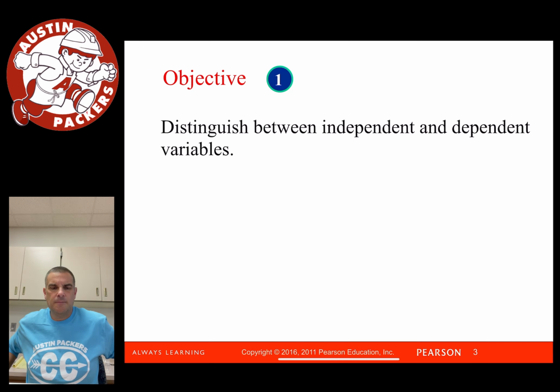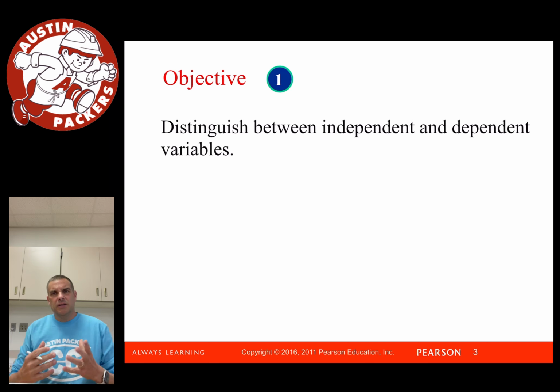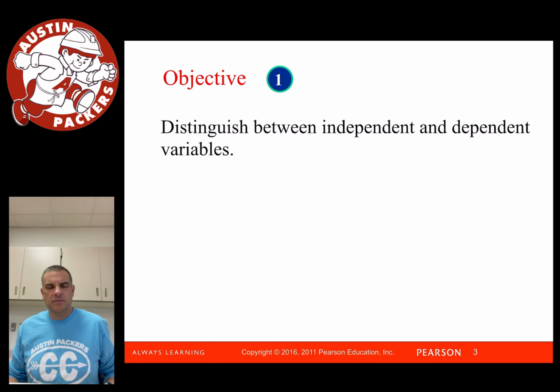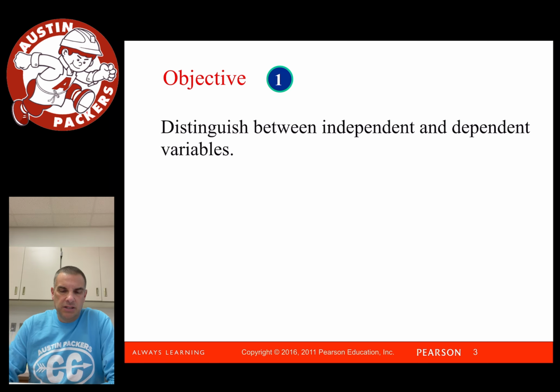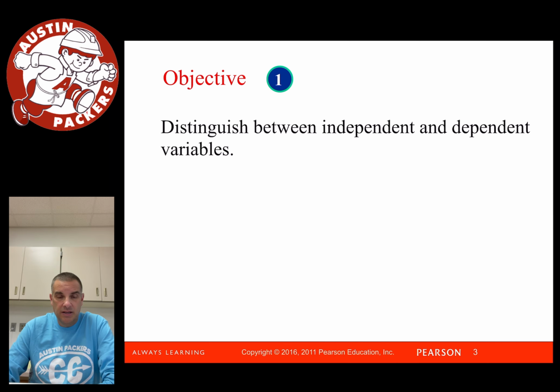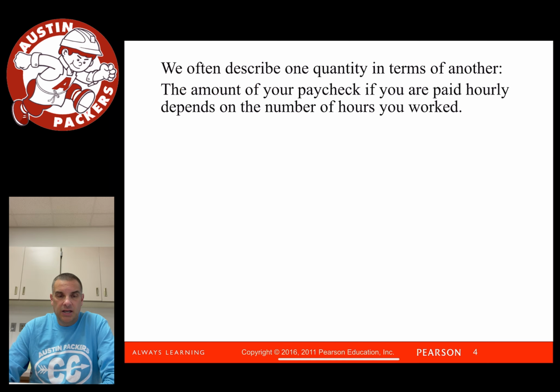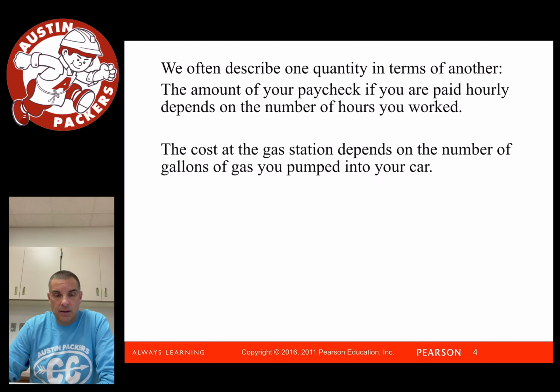So let's get going. Just real quickly, you're not going to be quizzed on this, and this isn't going to be part of your assignment, but we do need to be able to distinguish between independent and dependent variables. So we often describe one quantity in terms of another. The amount of your paycheck, if you are paid hourly, depends on the number of hours you worked. So there's a dependent piece of it, and there's an independent piece of it.